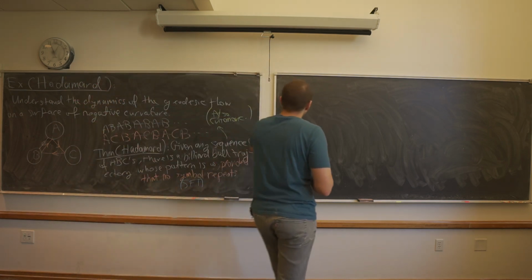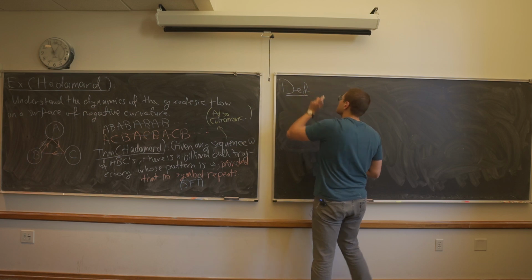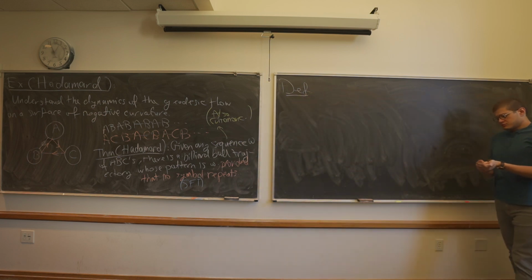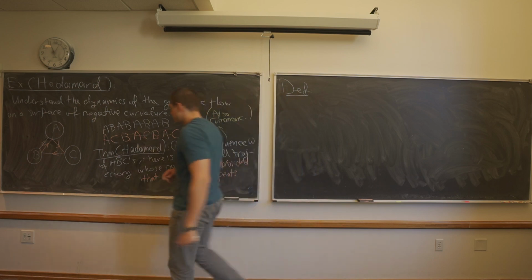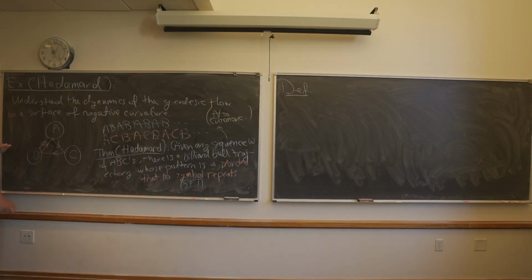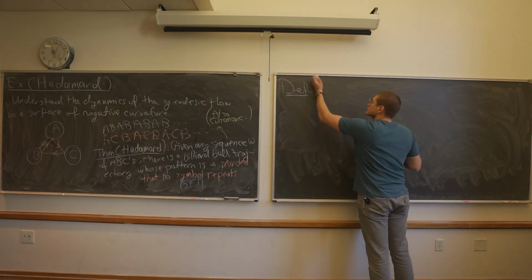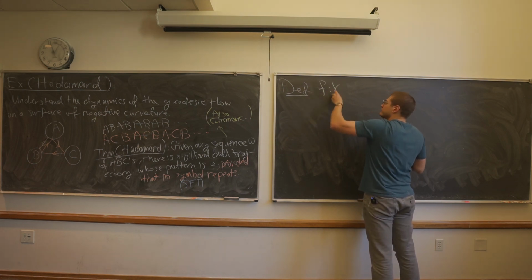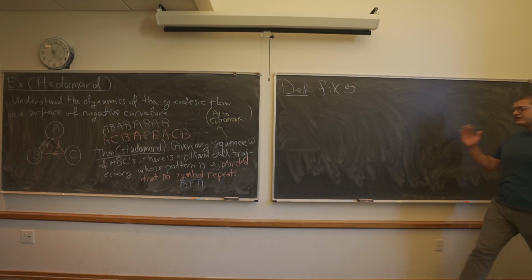Okay, I want to give some definitions now. The underlying idea is the idea of so-called conjugacy, or in other words, equivalence of dynamical systems. You can do this for more general monoids and group actions, but let's just look at iterates.